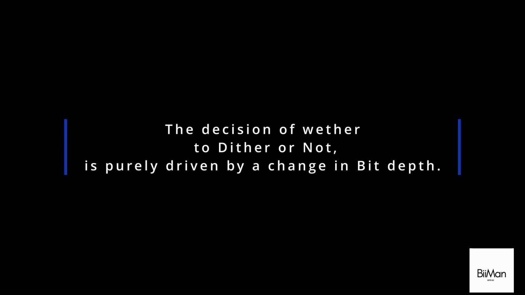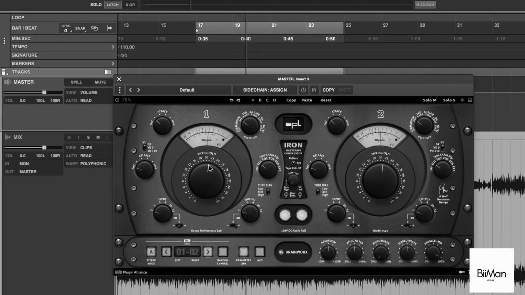Example could be going from 32-bit to 24-bit, which is rarely and I personally don't practice, but most commonly when going from 24-bit to 16-bit. So basically the decision of whether to dither or not is purely driven by a change in bit depth, which is strictly when going from a higher bit depth to a lower one.